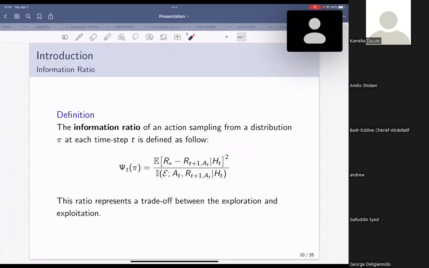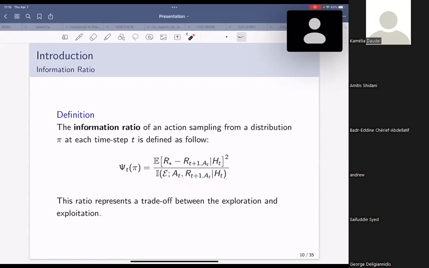The information ratio is defined at each time step, and it's the square of the regret at that time step over the information gain we get by playing the pair of the action we've selected and the reward the environment gives us. So it basically shows how much information we'll learn about the environment by playing this pair of action and reward.